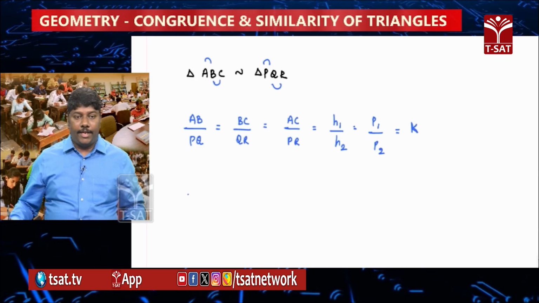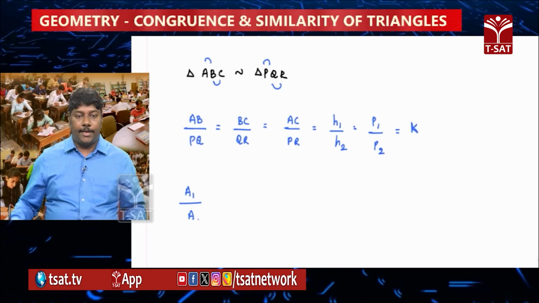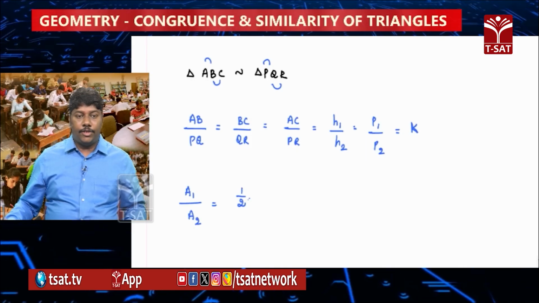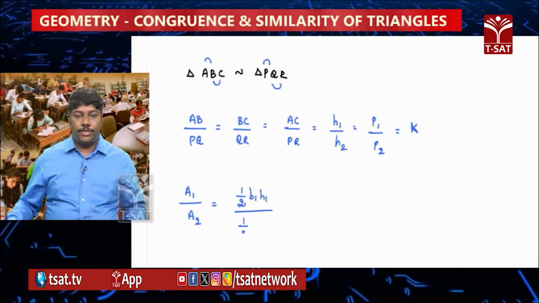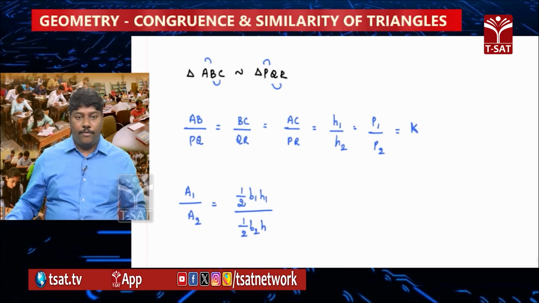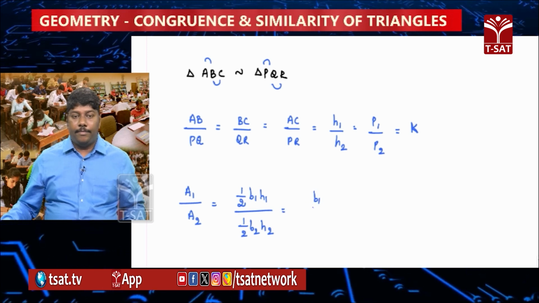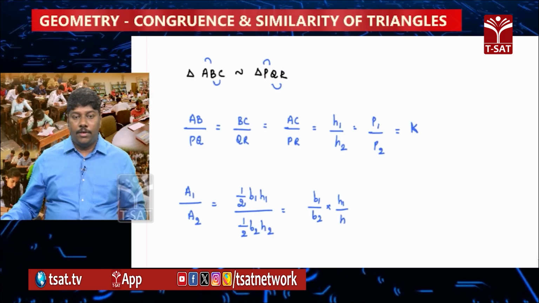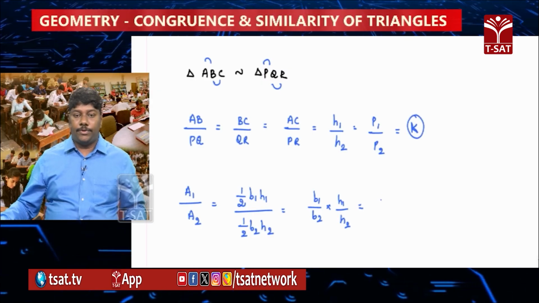When it comes to their areas, area of the first triangle by area of the second triangle. Area is half into base into height generally, so half into base 1 into height 1, by half into base 2 into height 2. 1 by 2 anyway gets cancelled. Therefore, you will get B1 by B2 into H1 by H2. Their ratio is equal to K, I have taken.